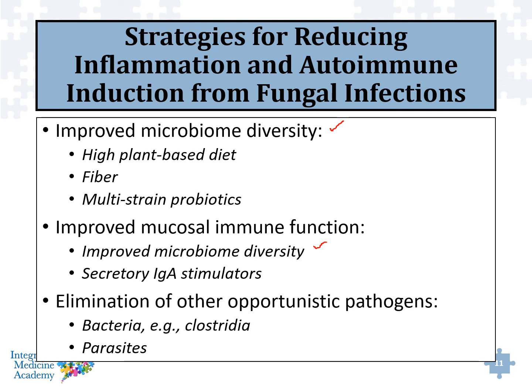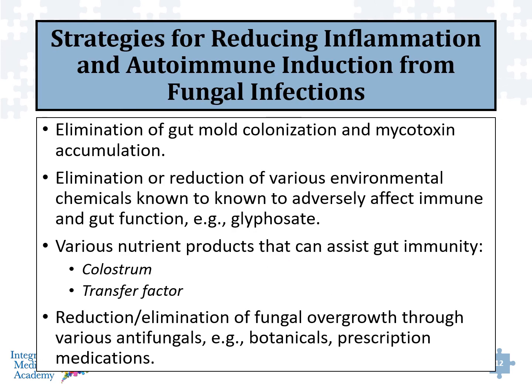And then if we've got opportunistic pathogens, so bacterial infections, parasitic infections, if we identify them, it's best to try to clear those. If we have other environmental factors, so mold colonization of the gut and mycotoxins, which inhibit aspects of the immune system, elimination of other chemicals, glyphosate, for example.